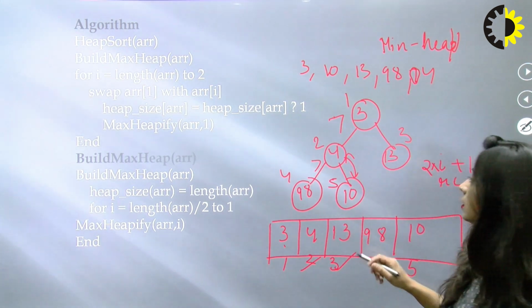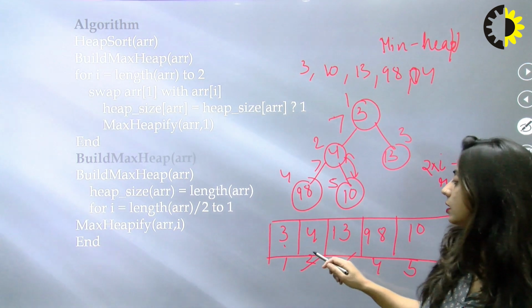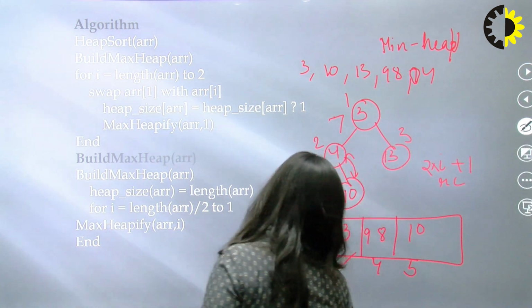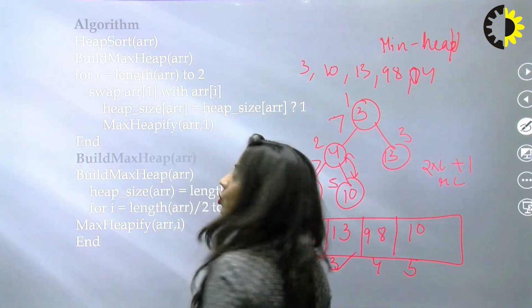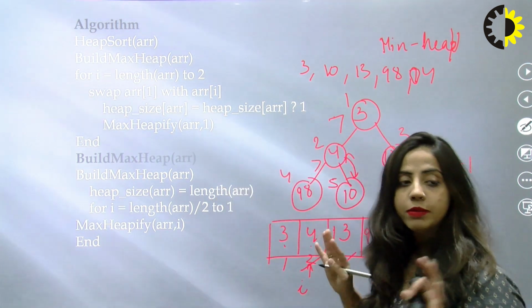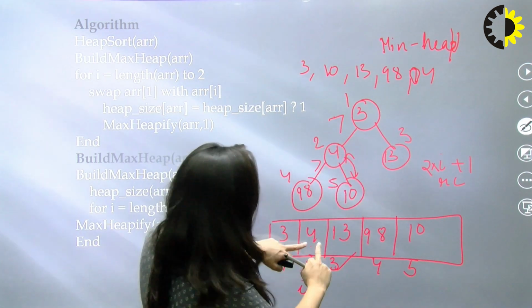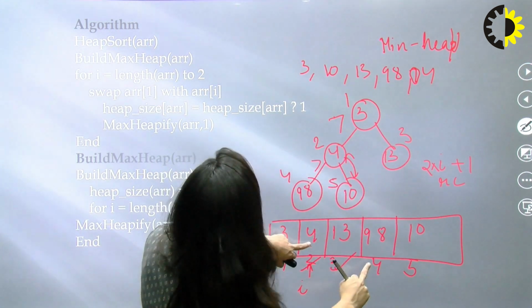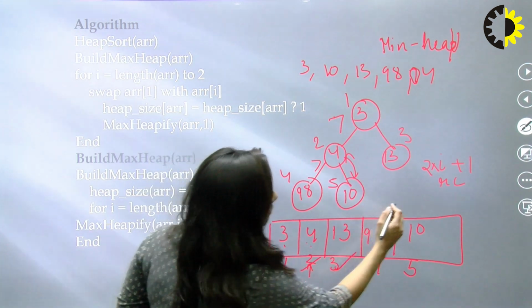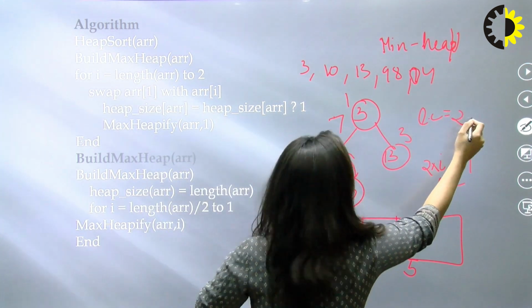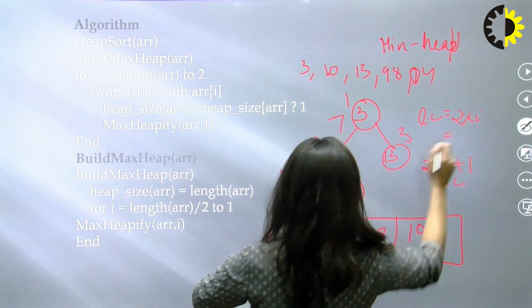Now, similarly, the next node is 4, where the value of i is 2. What will be the left child of 4? The left child of 4 will be at 2 into i, which is 2 into 2, 4.